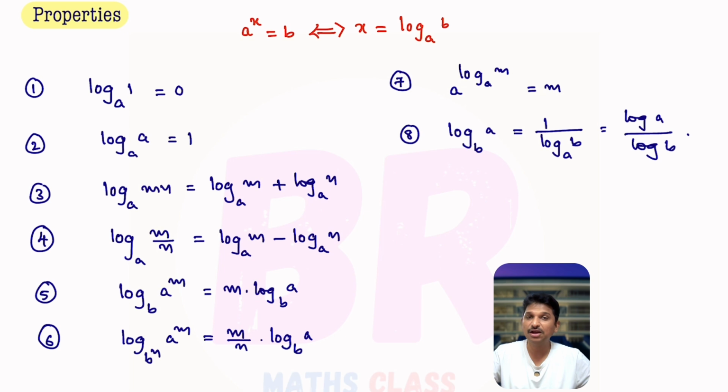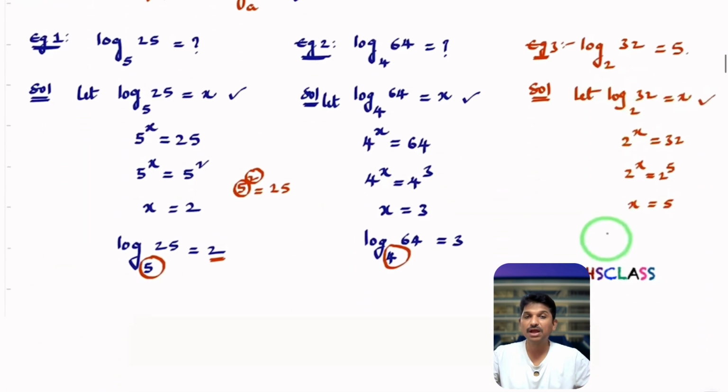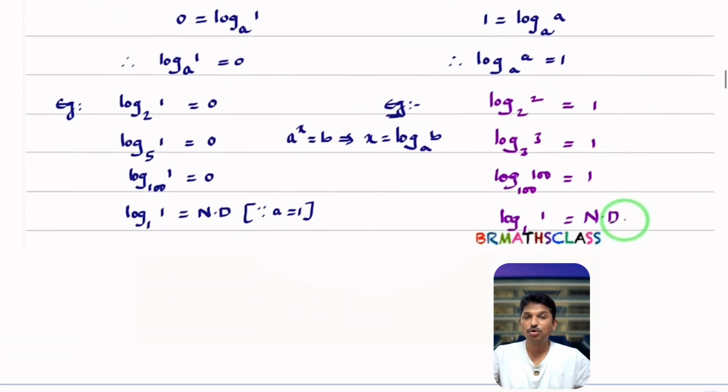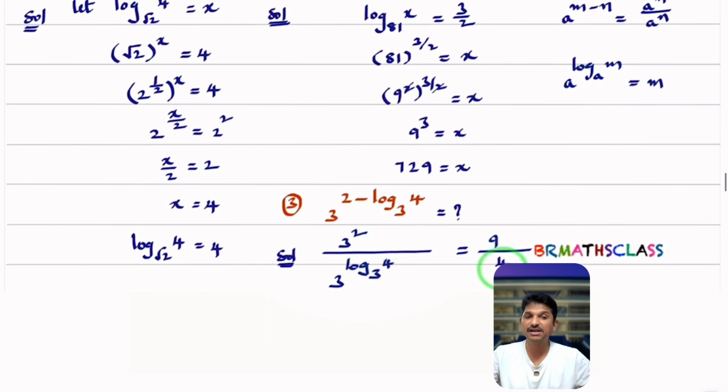First, get a good grip on logarithm, properties of logarithm, and how we use these properties while solving the problems. Later, obviously, we can do difficult problems based on logarithms. Till now, we learned the definition of logarithm and properties derivation, and we did 3 examples related to it.